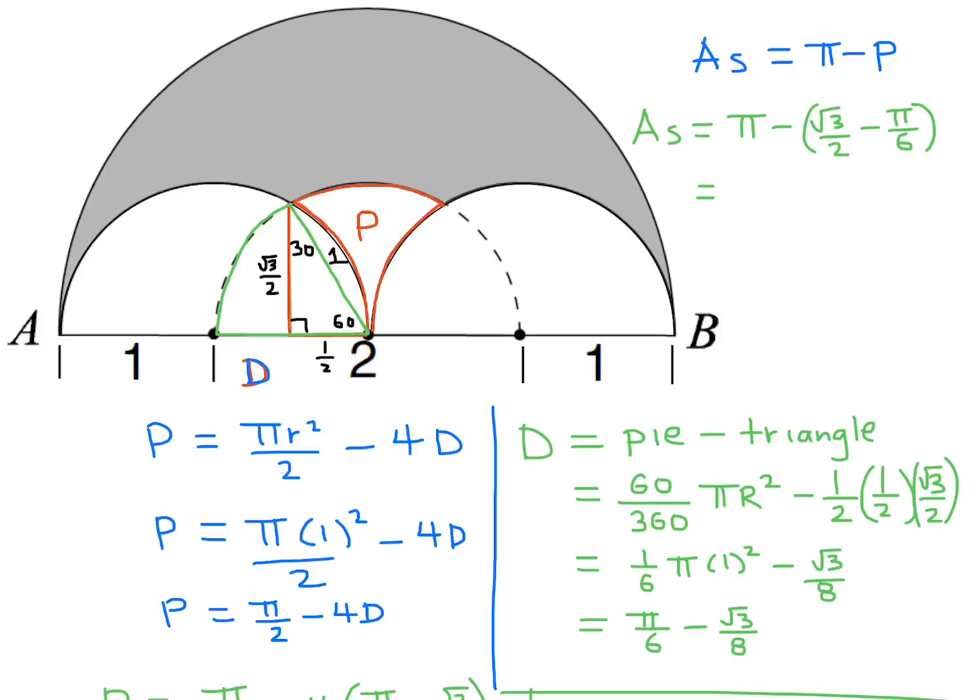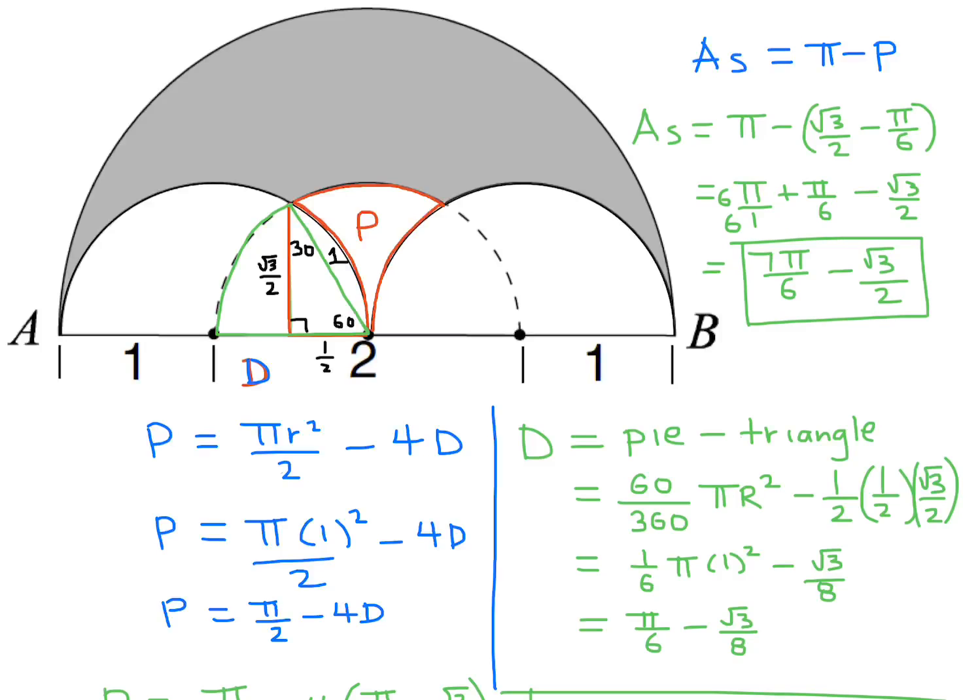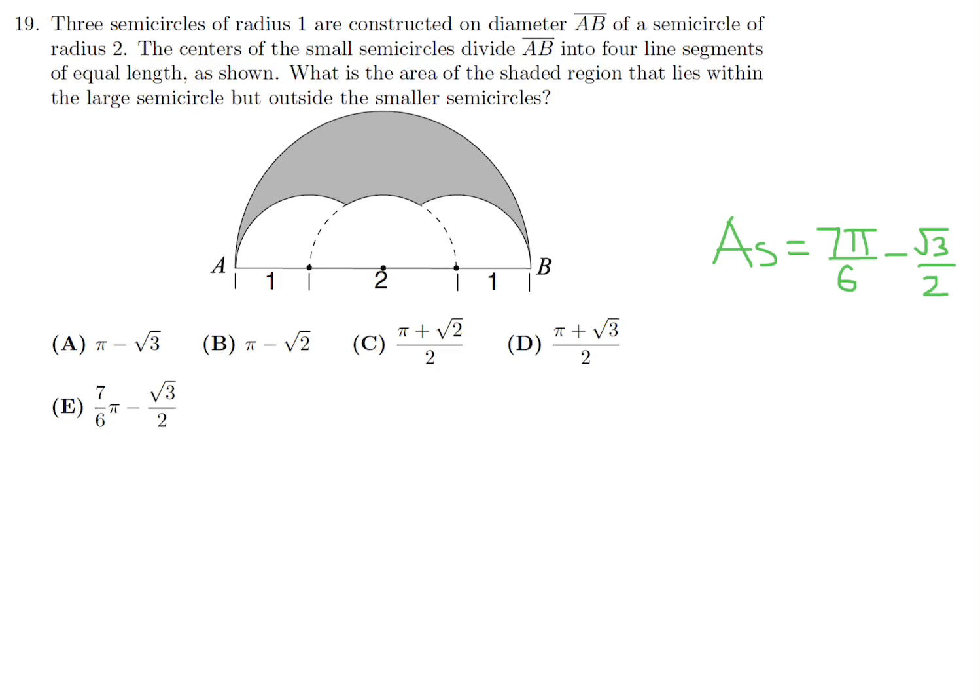And don't forget to put it in a bracket. So this becomes pi plus pi over 6 minus √3 over 2. Get a common denominator and you'll get 7 pi over 6 minus √3 over 2. 7 pi over 6 minus √3 over 2 is the answer.